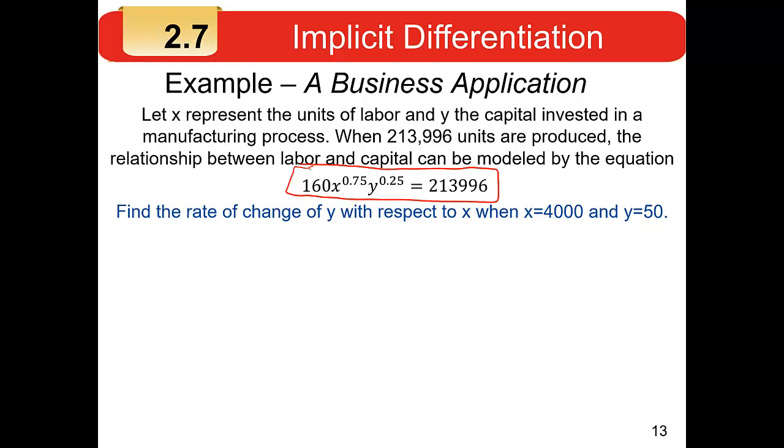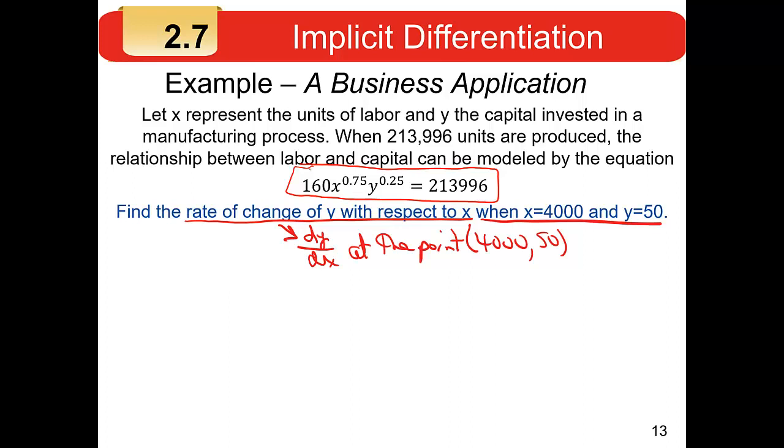Leaving that aside, the steps for finding dy over dx are the same as what we've done in the last problem. So let's just do it. We're going to take the derivative of y with respect to x at the point where x is 4,000 and y is 50.